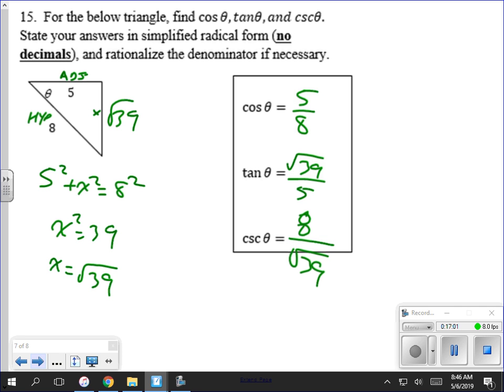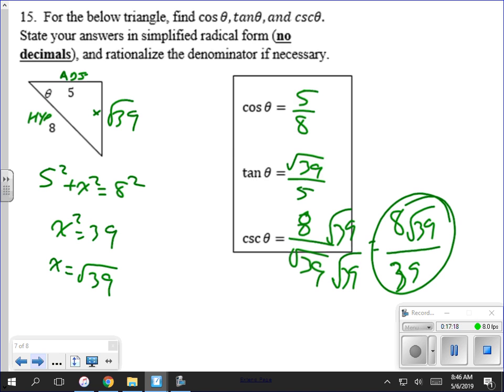I'm not allowed to have a square root in my denominator. To rationalize this, this is very easy. Multiply by root 39 over root 39. You get 8 root 39 over 39. Easy peasy. Any questions on this?